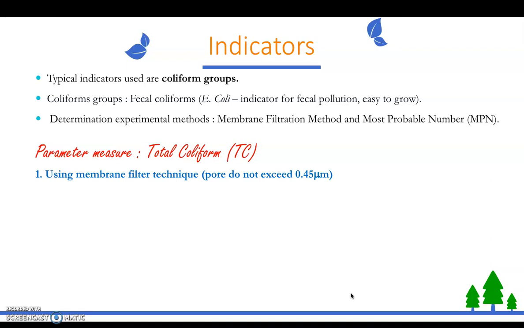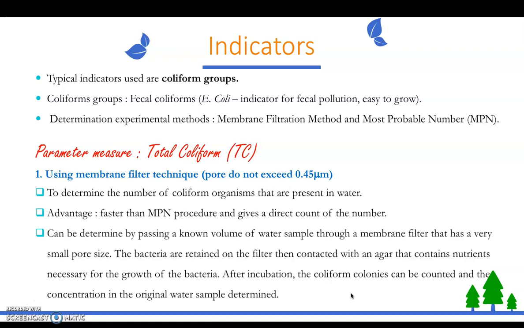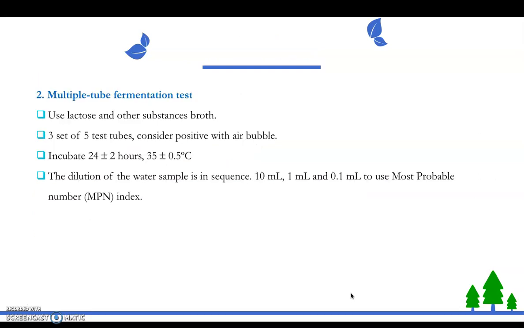The experimental methods are membrane filtration and most probable number, MPN, where they count how many coliform, like E. coli, exist in your water sample. Another measurement is the multiple tube fermentation test.